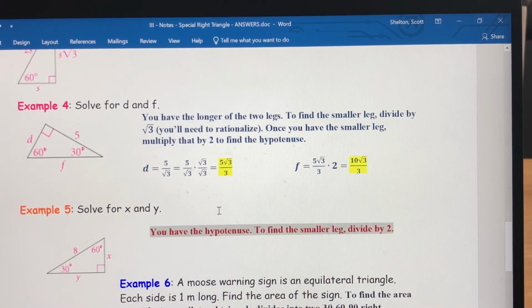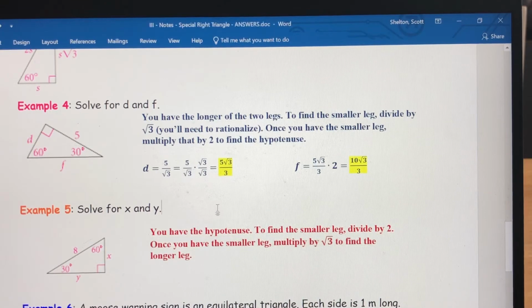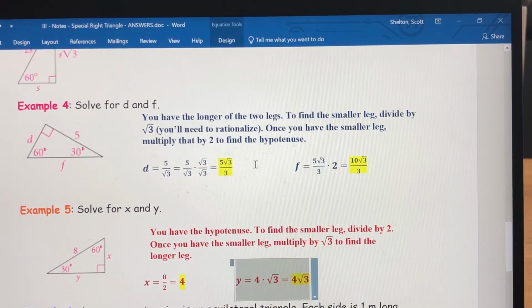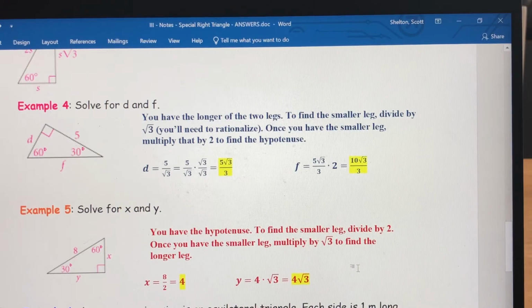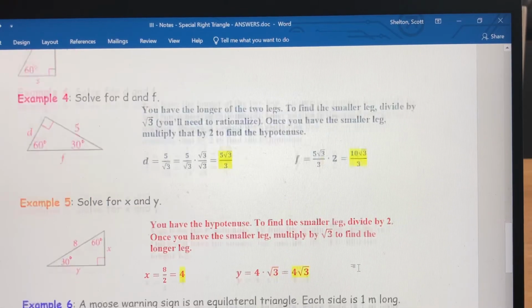So to find x, I'm going to divide the hypotenuse by 2. So 8 divided by 2 is 4. Now that I know 4, that's going to allow me to find the longer of the two legs. Remember, the larger leg is radical 3 times bigger, so I'm going to multiply by radical 3, and that gives me 4 radical 3.